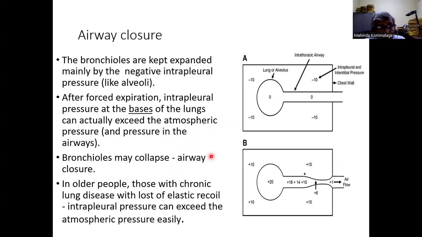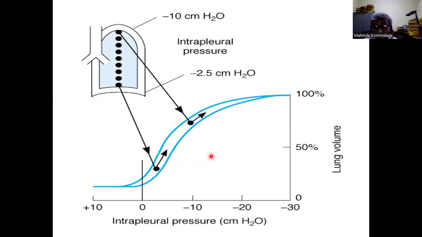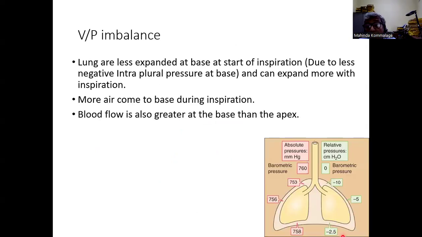There is something called airway closure. So I already mentioned interpleural pressure is high in the bottom. Less negative means high. More negative means low, because this is related to atmospheric pressure.